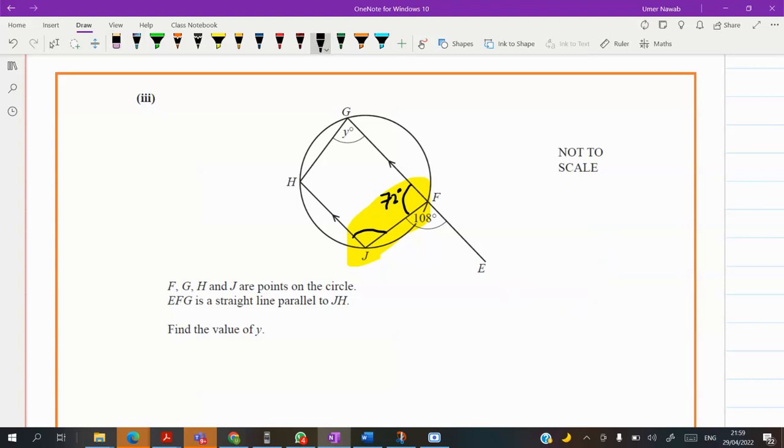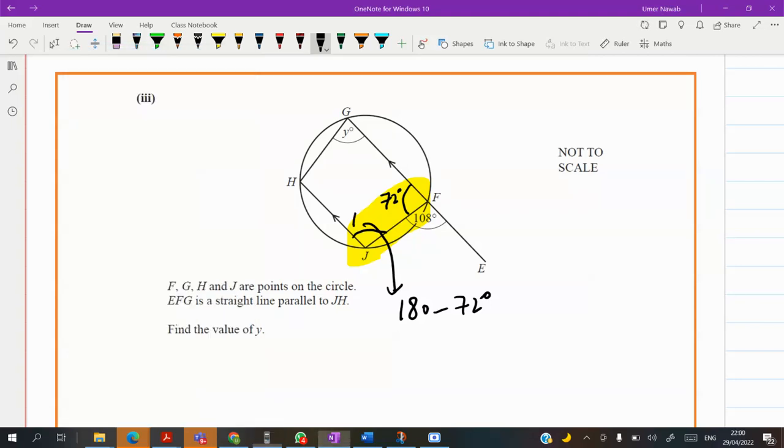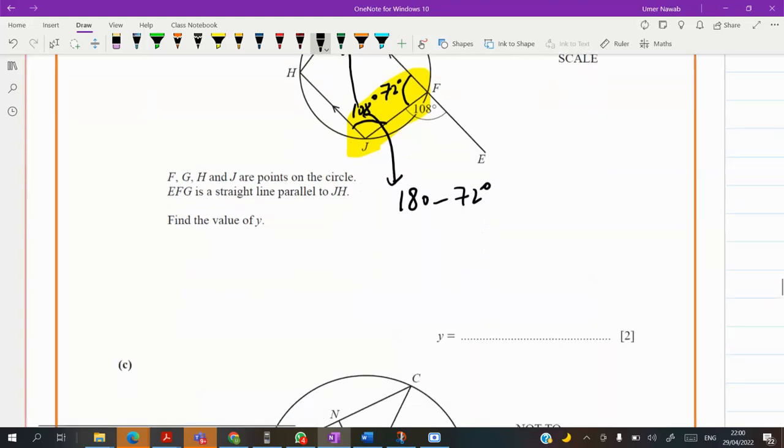So I can find this angle, which is 180 minus 72. It's 108. And now the cyclic quadrilateral property. So y is equal to 72.